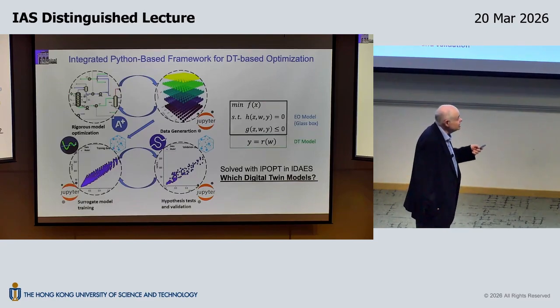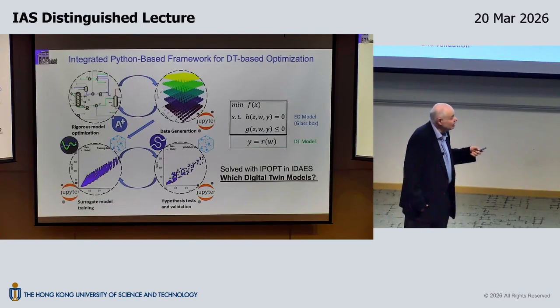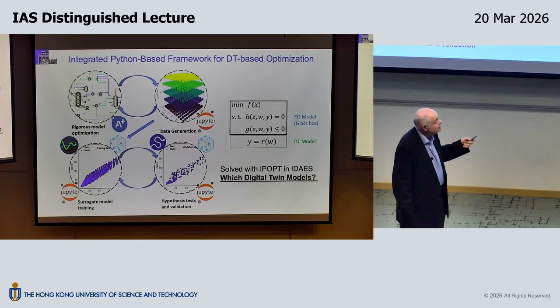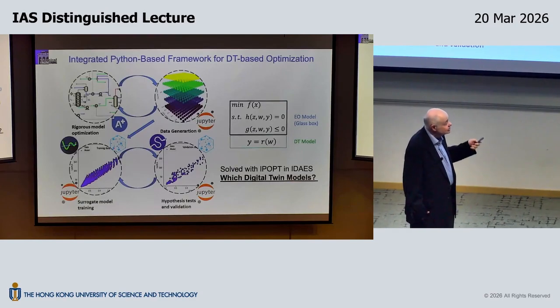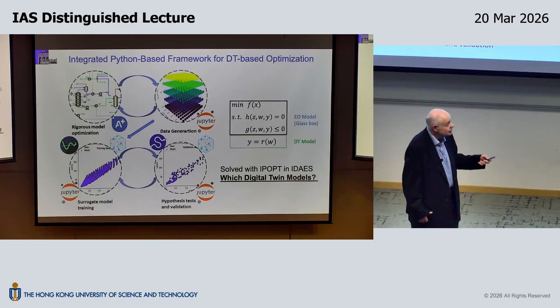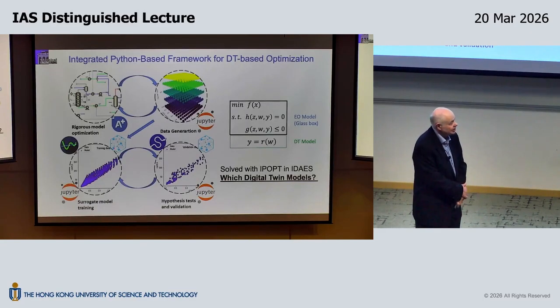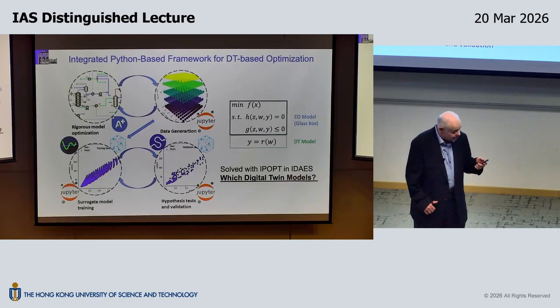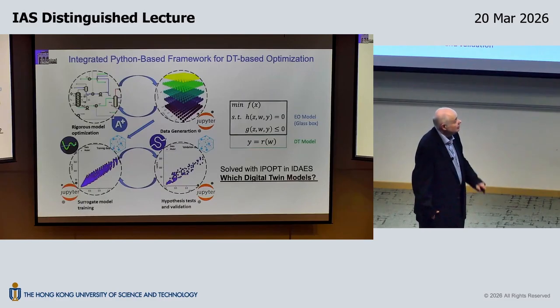We can add surrogate models from a certain library here, and all of that can be put together and integrated into one solution strategy that combines the optimization algorithms. We're solving this with IPOpt in IAS. Okay, and so the question is, which digital twin models are the best ones to use? All right, let's take a look.